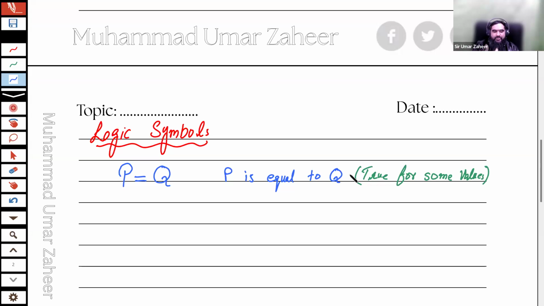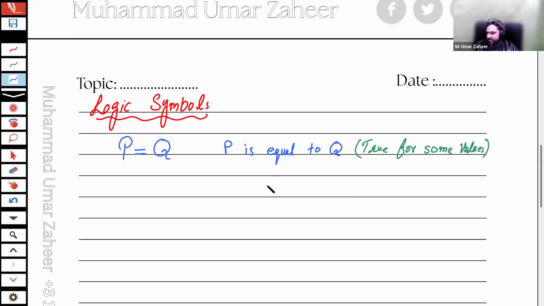So that equation is only true for x is equal to 2. For example, I write the equation 2x plus 3 is equal to 0. You will get that x is equal to minus 3 over 2. So look here, this equation is only true for x is equal to minus 3 over 2. If you substitute any other value, both sides are not equal. So this is not the same for all the values. So if you have the equality sign, the two terms are equal for just a few values. Then we use the equality sign.